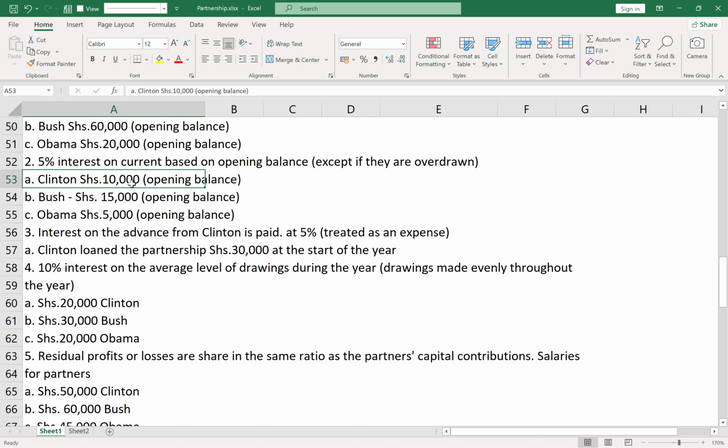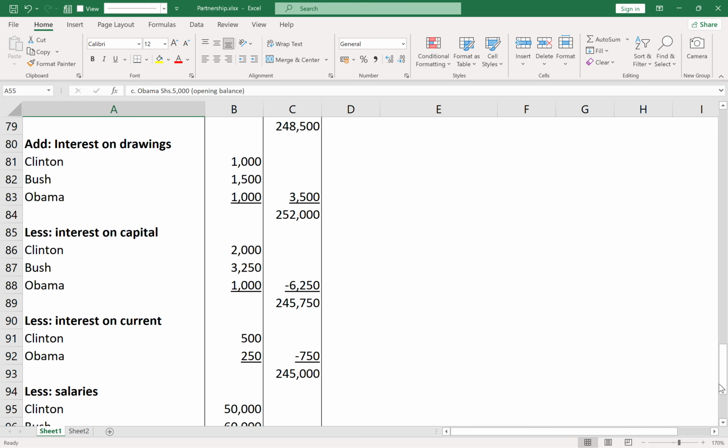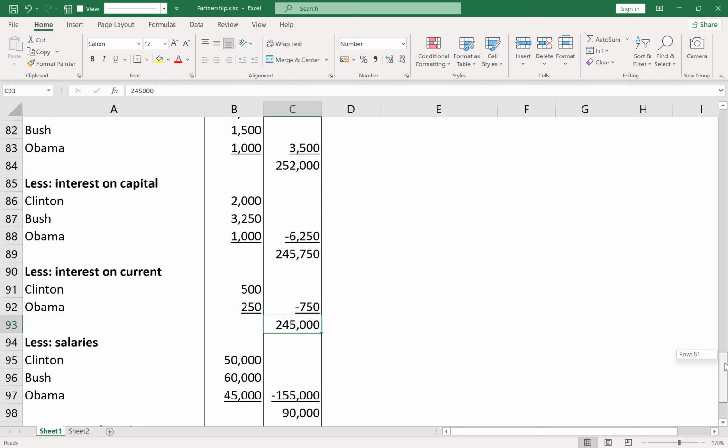So we get interest for Clinton, which is 5% on 10,000, which is 500, and for Obama, 5% on 5,000, which is 250. We add both and deduct from the 245,750 to get 245,000.